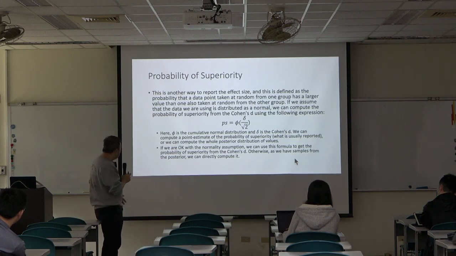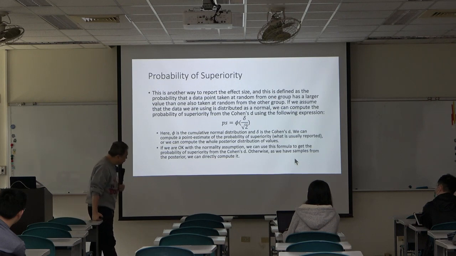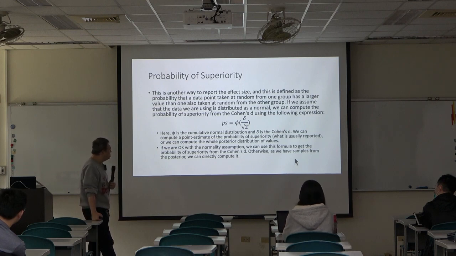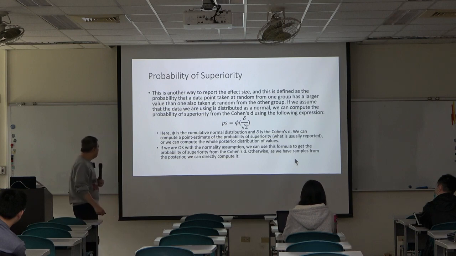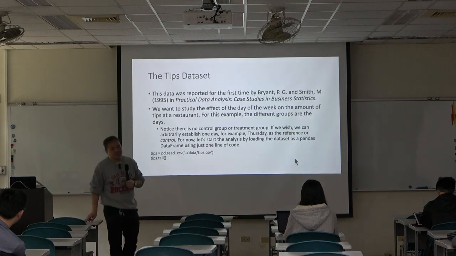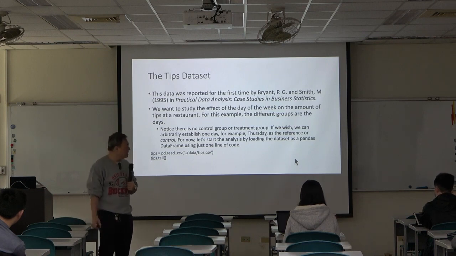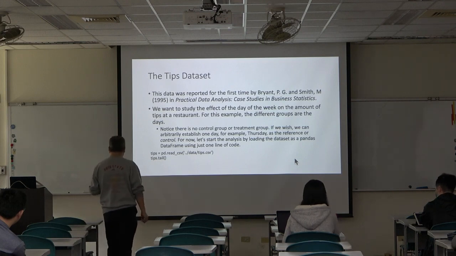If we are okay with the normality assumption, which works a lot of the time because a lot of models can be approximated by a normal distribution, we can use this formula to get the probability of superiority from coherence D. Otherwise, as we have samples from the posterior, we can also directly compute the coherence D. Of course, you don't compute this by hand; you use a program to do the job. It's not that difficult.